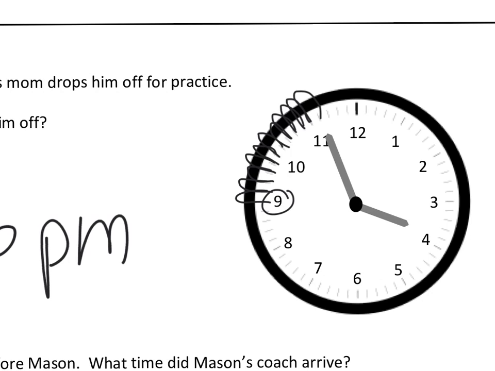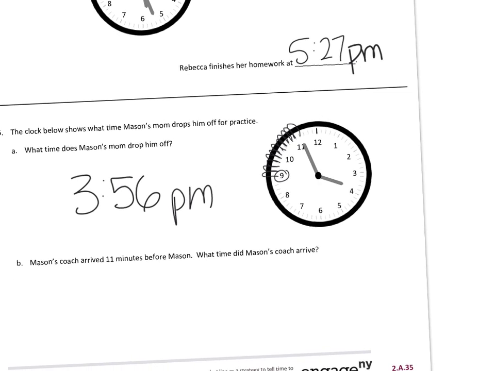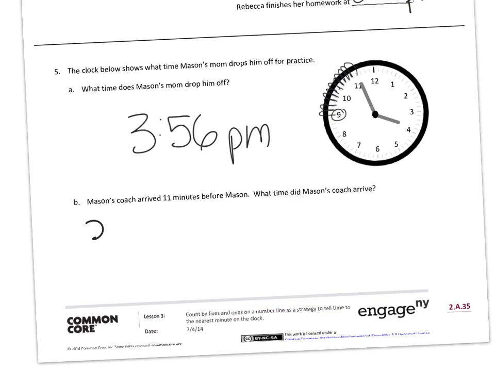Because I'm not going to say 9 o'clock. I have to figure out 3 and then my minutes. 0, 5, 10, 15, 20, 25, 30, 35, 40, 45. So that means that his coach arrived at 3:45 p.m.